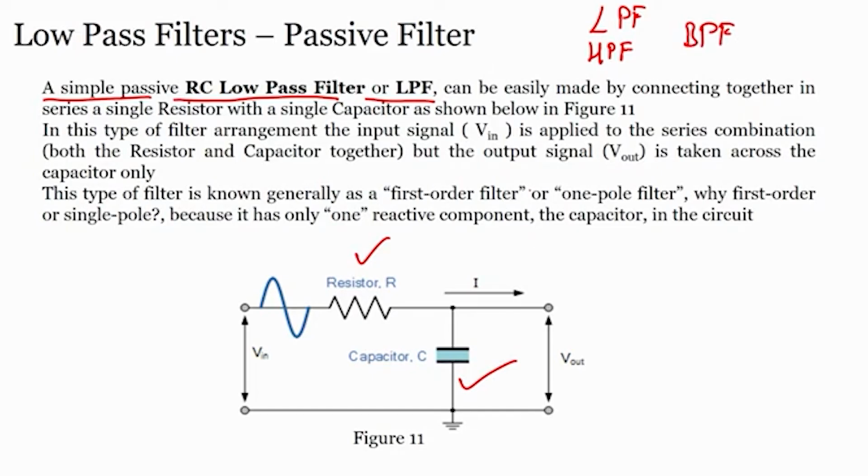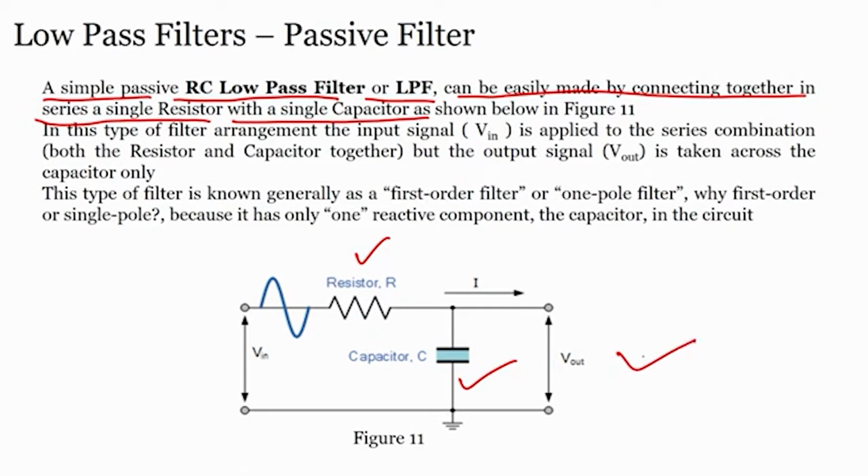These are also terminologies that you will find in different work, alright. So, do not get confused if there is an LPF instead of low pass filter. They also write RC low pass filter, RC low pass passive filter, alright, can be made by connecting together a single series resistor with a single capacitor as shown in figure 11, alright.